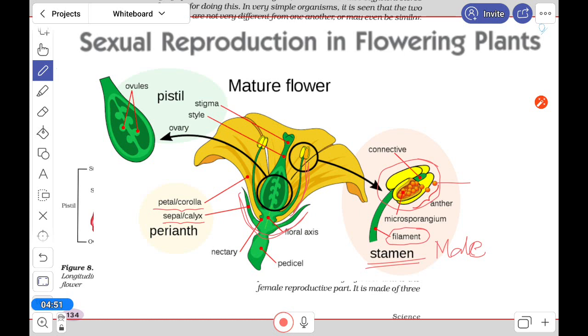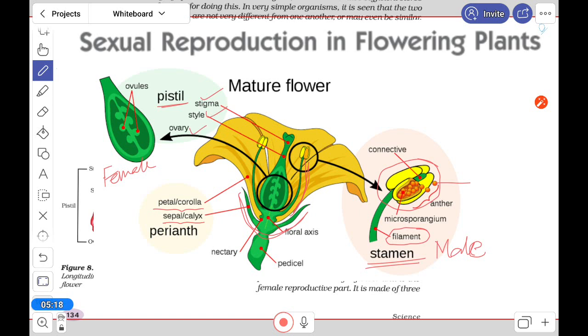Now come here, the female part. This is the female part. Here its name is pistil. In your book it is given as carpel, and its other name is also the gynoecium. Look at its parts: stigma, style, and the ovary.